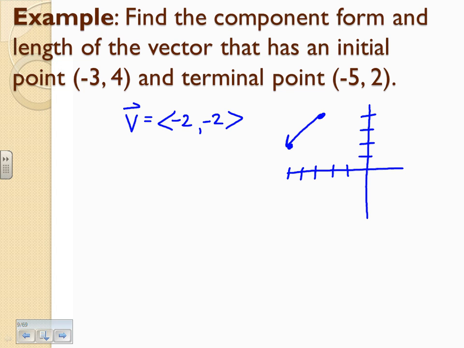All we did with that vector is move it. So we got to move it over 3 and down 1, 2, 3, 4. Kind of like that. Does that make sense? So we're just taking this vector and moving it to where the initial starts on the origin, and whatever that point is, that's our vector.